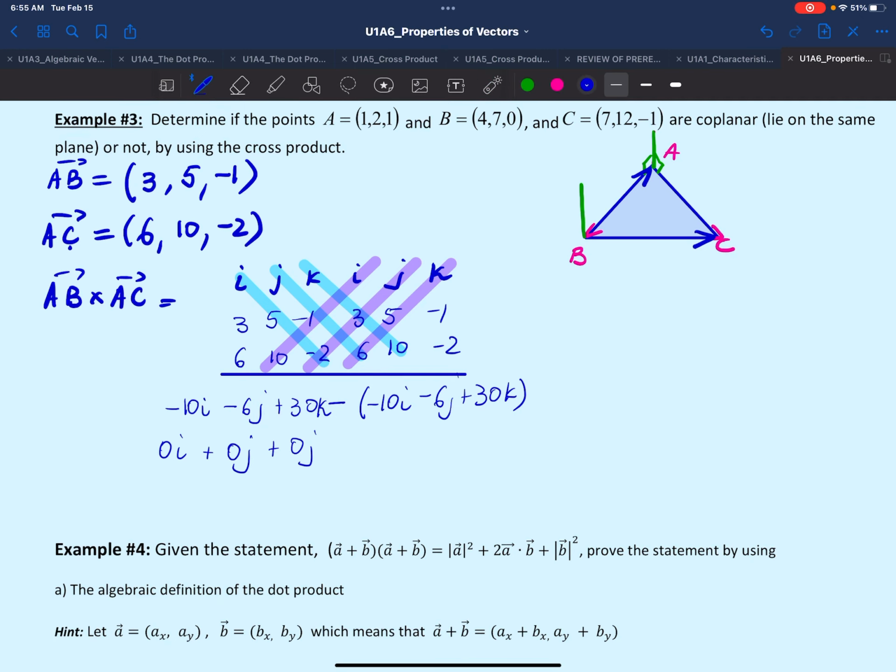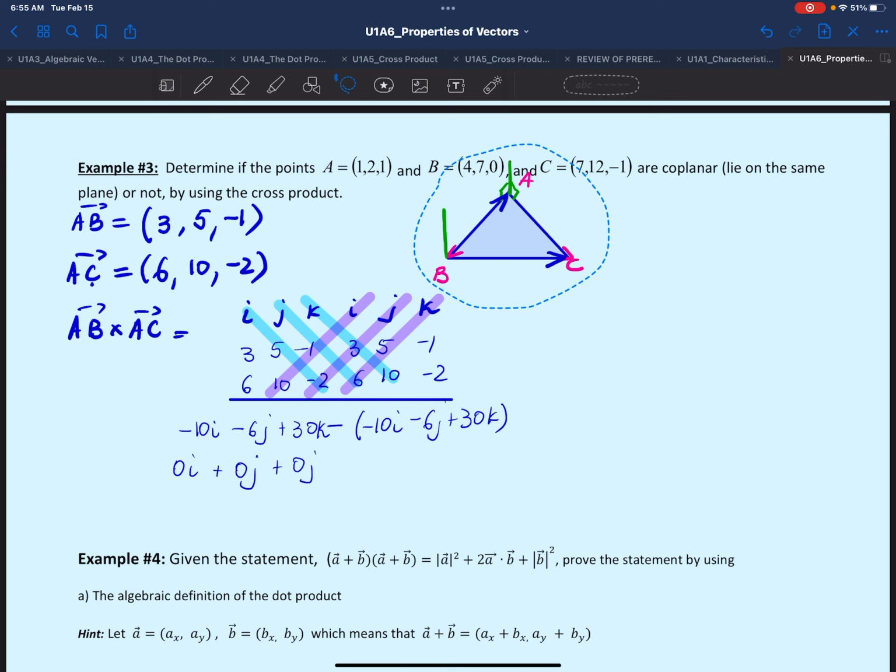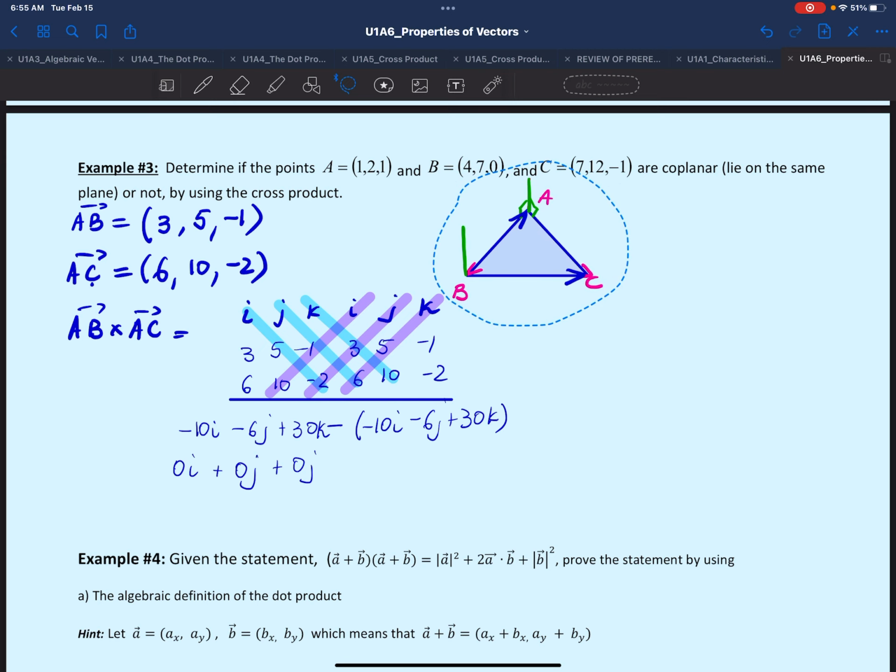So we're doing now vectors BA and BC. We can choose any sets of vectors, basically. But I picked BA and BC. So we would expect the same thing to happen. So for BA, B is the tail, A is the head.